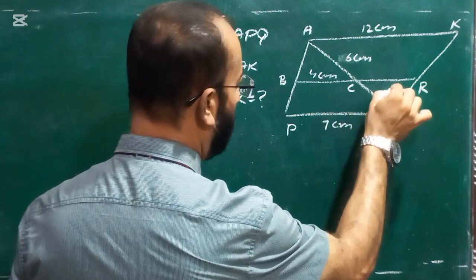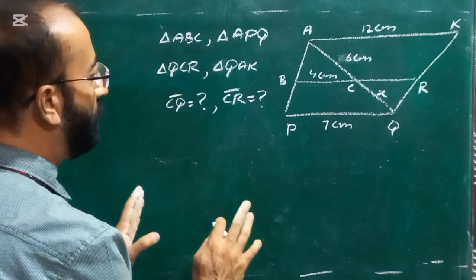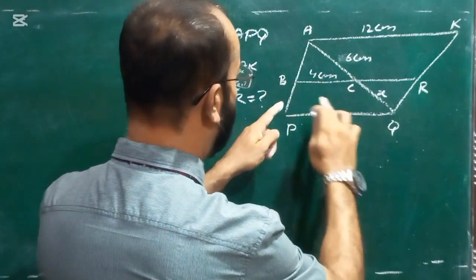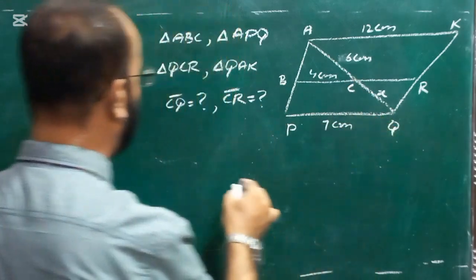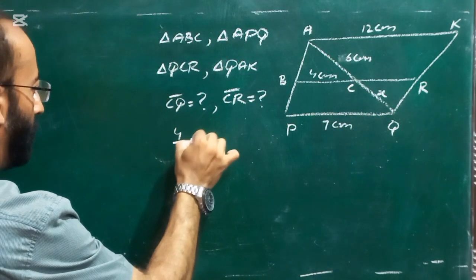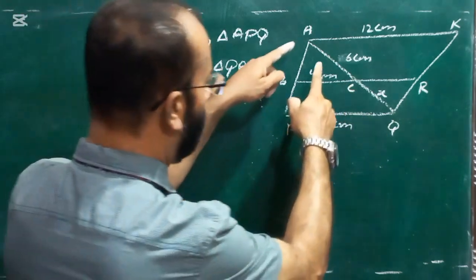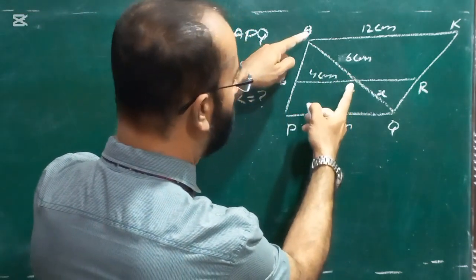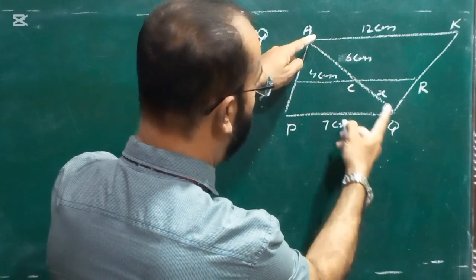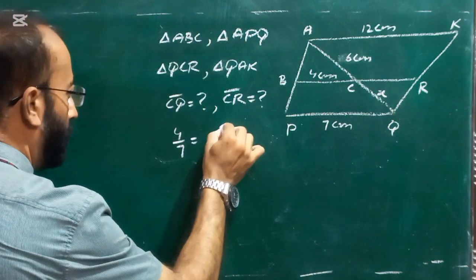If we let this portion be X, look at the pattern which we are following. We are moving from smaller to larger. So 4 over 7. So on this side, we also have to move from smaller to larger. So 6 over the larger side, which will be 6 plus x. So 6 over 6 plus x.